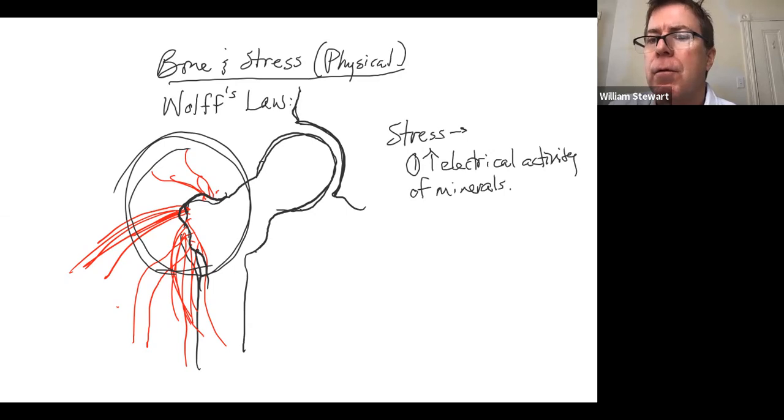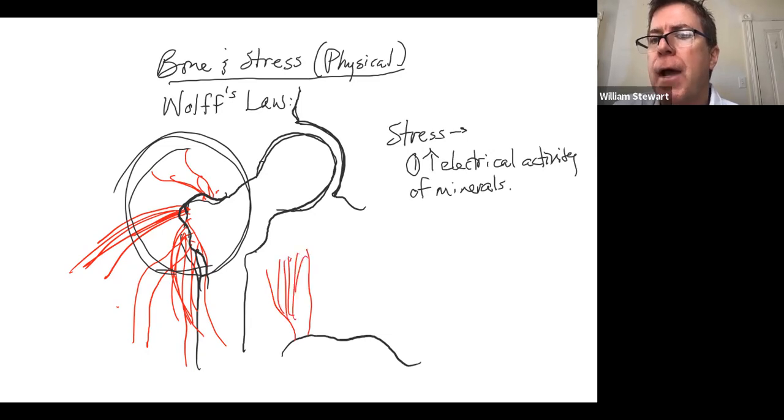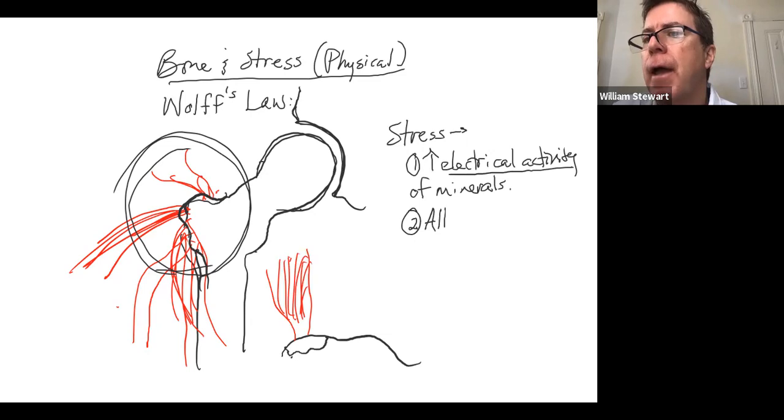So here's a piece of bone. There's a muscle attached to it. When the muscle contracts, it pulls on that bone, and the electrical activity of the minerals in this area right here is increased. What that does is it attracts osteoblasts to that area.